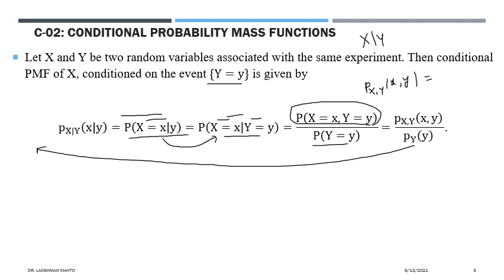That's where the marginal probability mass function of y will come first, then we need to multiply it with the conditional probability mass function of x given y. This is again a generalization of the multiplication rule.